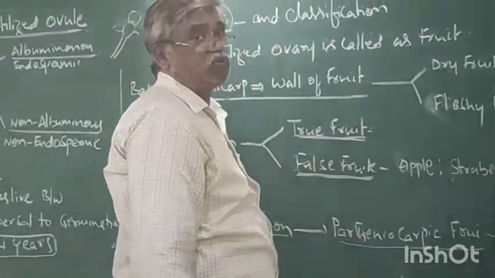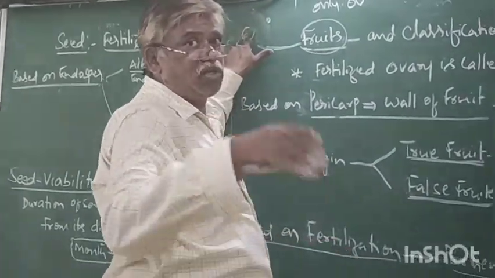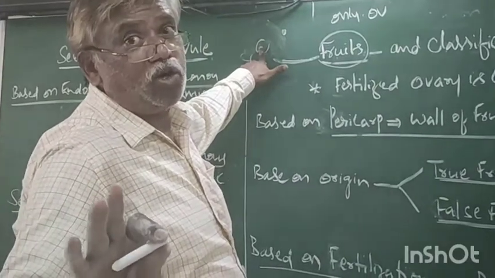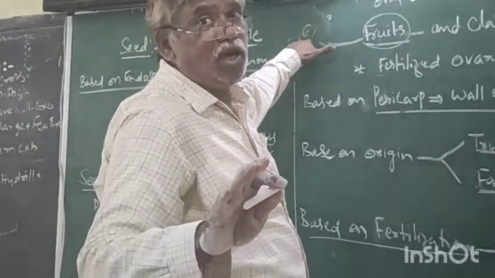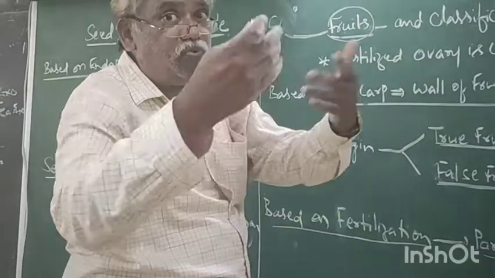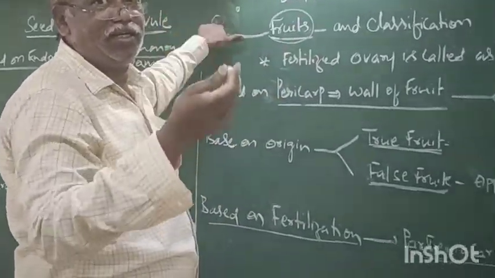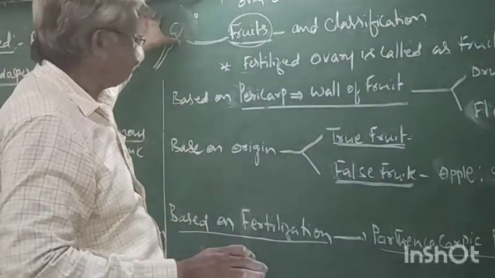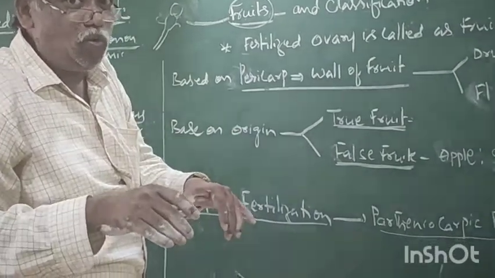This is a seedless fruit because after fertilization only the ovule becomes a seed. In parthenocarpic fruits, there are no seeds because only the ovary, the external part, becomes the fruit, but the internal part, the ovule, degenerates because fertilization does not happen.